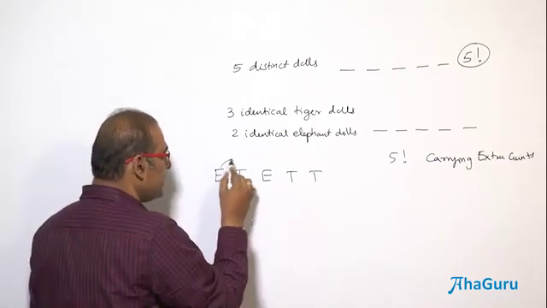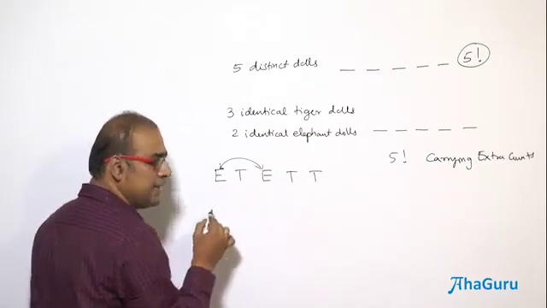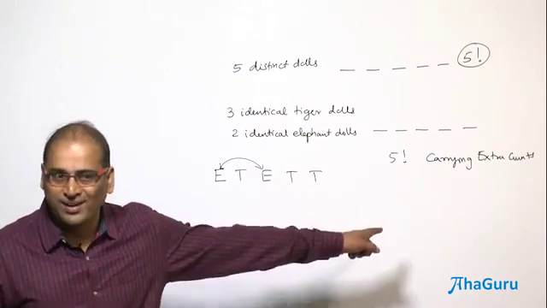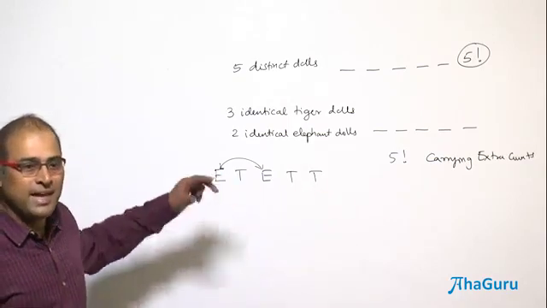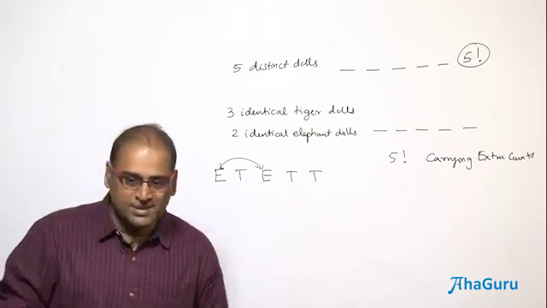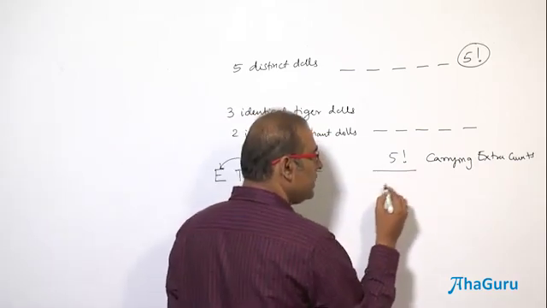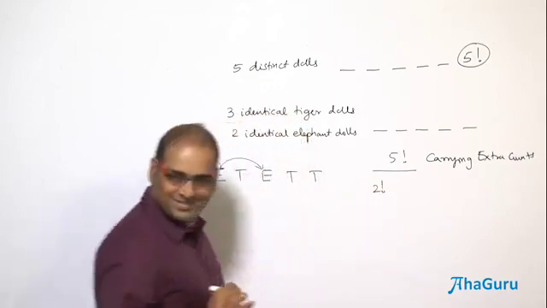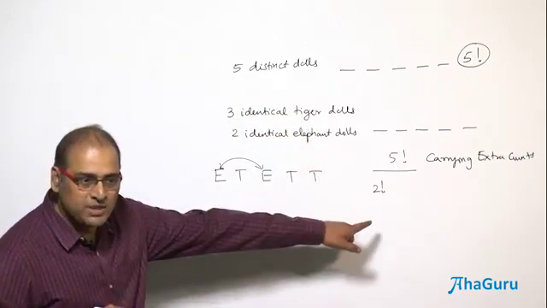If you are going to interchange these 2 elephants, that would have been counted in this 5 factorial. So the elephant has been counted how many times? 2 times. So for that you have to divide by 2 factorial.